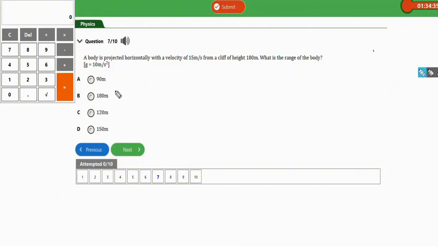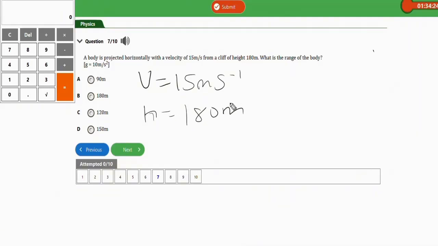In this question, we have our initial velocity to be 15 meters per second and we have our height to be 180 meters. Now we are looking for the range, which is unknown. What's the range of the body? Now note this formula, guys. Range can be calculated using initial velocity times time of flight.